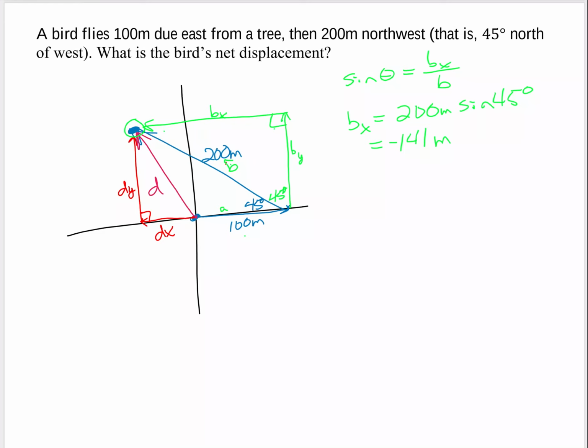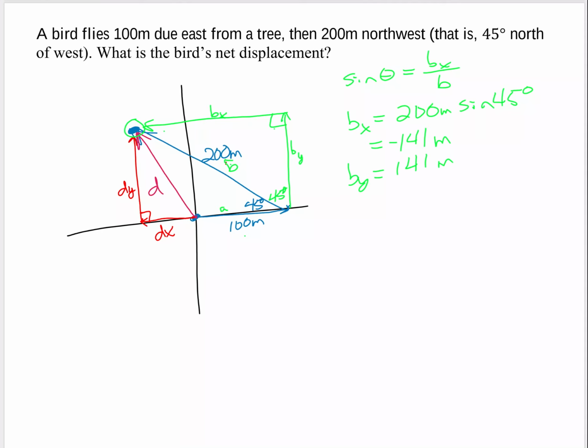Gotta think geometry. The angles are the same, so what are b sub x and b sub y? Equal. They're the same. It's an isosceles triangle. It's 45, 45. Okay, so b sub y is positive 141 meters, right?